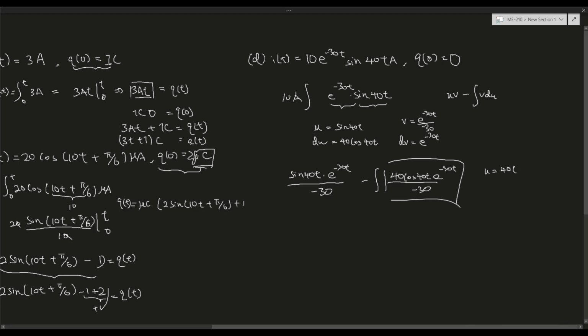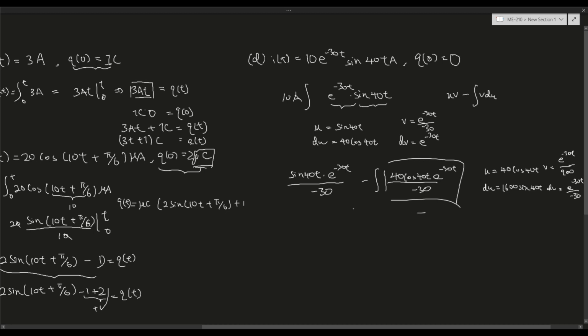So u is 40 cosine 40t, and du is negative 1600 sine of 40t. And what is dv? dv is this thing, e to the power of negative 30t over negative 30. And so v will give us e to the power of negative 30t over 900, right? 30 times 30 equals 900.